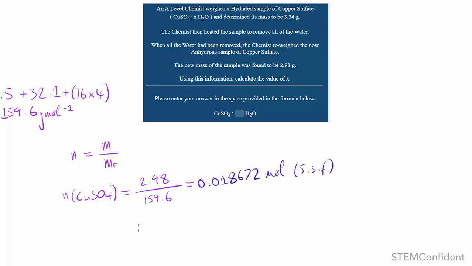So 3.34 minus 2.98 comes to 0.36 grams. That's going to be the mass of H2O.